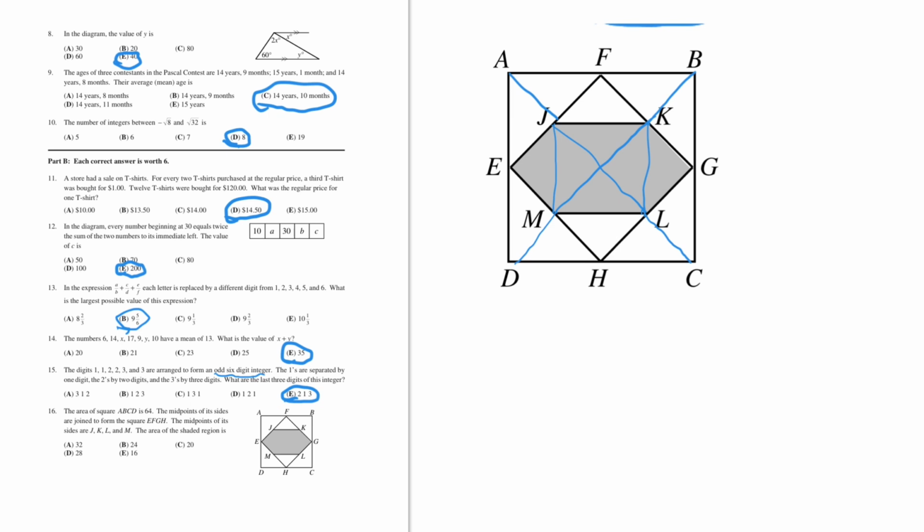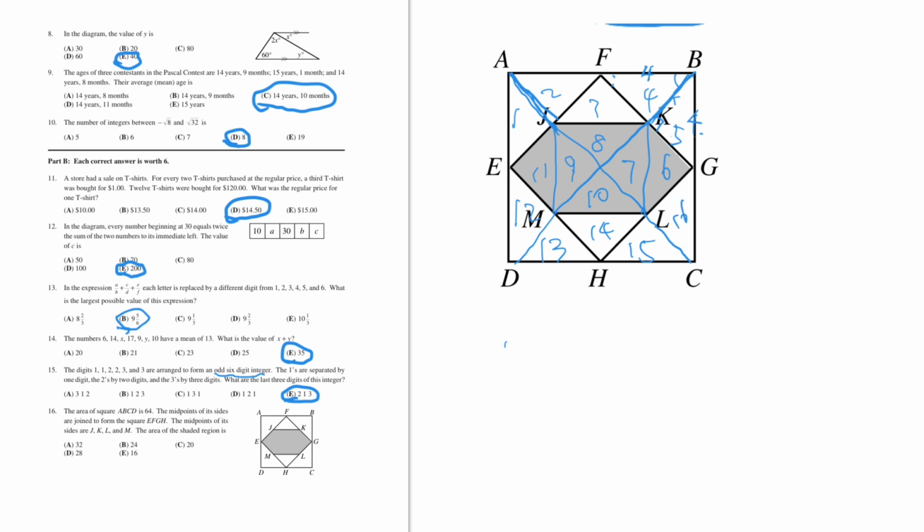Now we get exactly the same triangles. How many triangles? 1, 2, 3, 4, 5, 6, 7, 8, 9, 10, 11, 12, 13, 14, 15, 16.